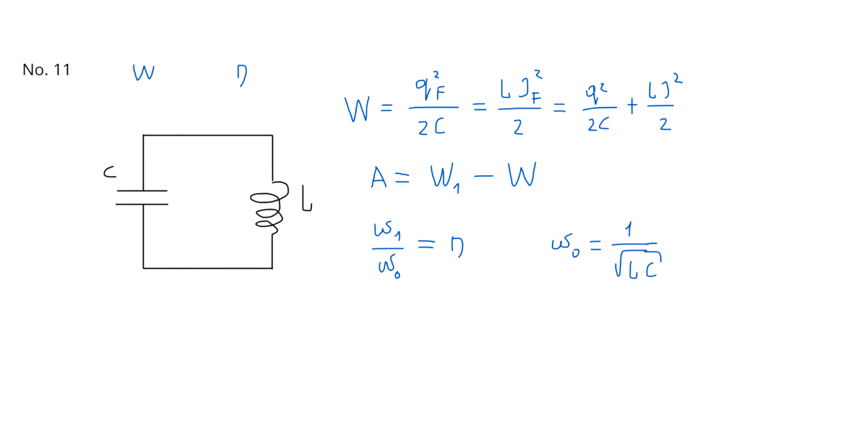Okay, and what about omega 1? So there was frequency omega 0, and after some manipulation with the capacitor, it becomes omega 1. Okay, so what can you say about this situation? What will we have here?